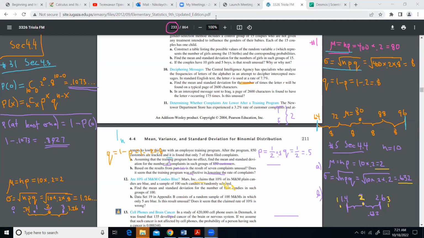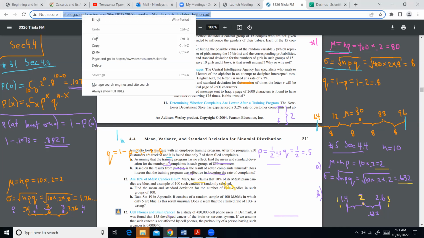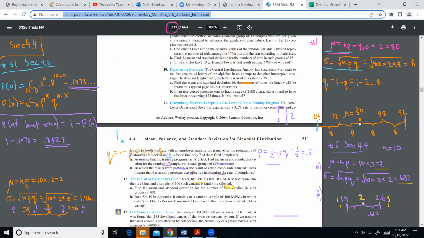And again, I'd like to put the link to the textbook here in the Zoom chat, because I have a feeling that some people don't have this textbook as of yet. So let me put this link, and I just saw a question in chat, so I can answer it.